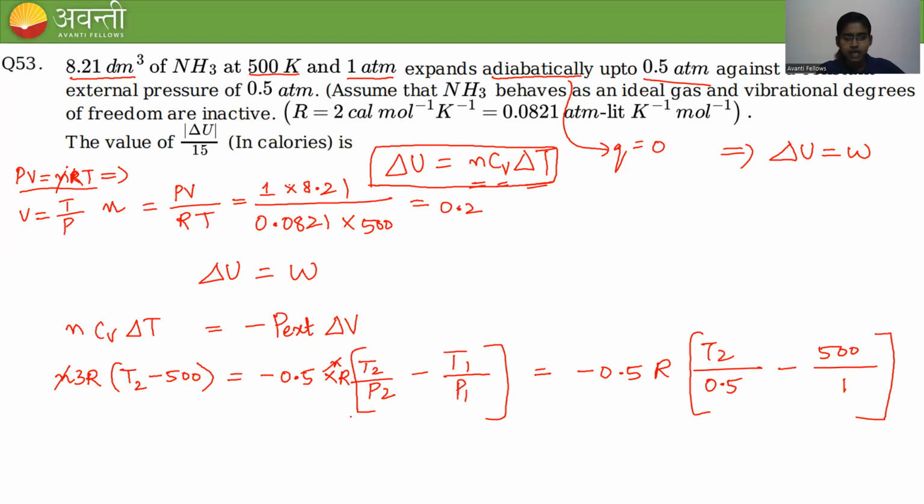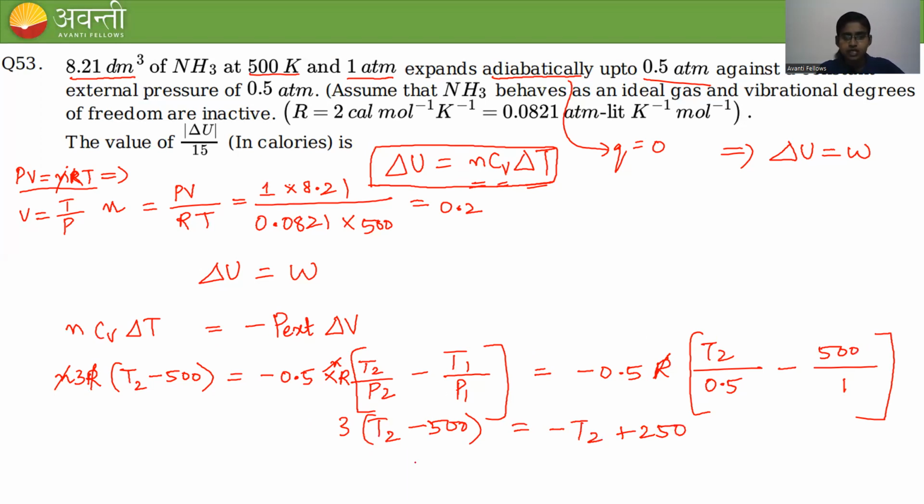And now from this we have to find out. R, R gets cancelled. So 3T2 minus 500 is equal to minus T2 plus 250. This is what you will get on taking the LCM.